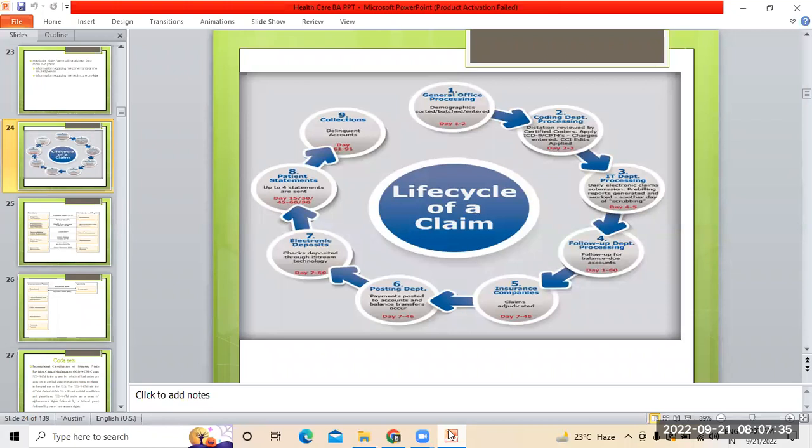So the process remains constant and the same. But usually the whole process of a claim will take between 60 to 90 days.